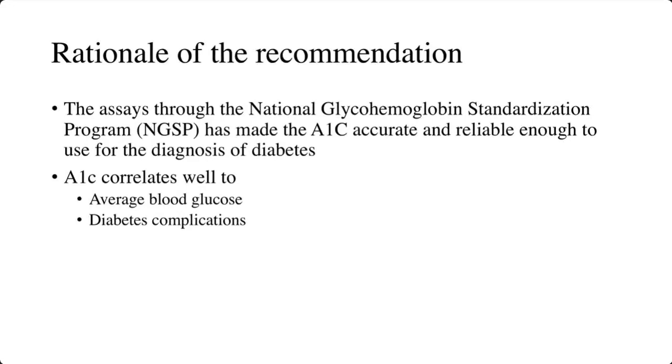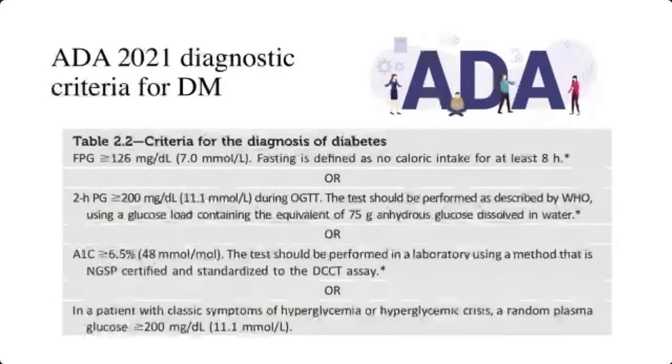And they stated that if you use hemoglobin A1C as a diagnostic criterion, it has to be NGSP standardized. So the assay has to be standardized through the National Glycohemoglobin Standardization Program. So this is the final criteria.